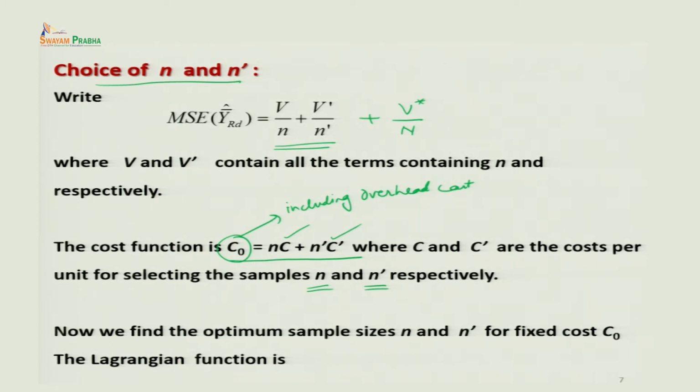Right. Now, we have a condition that the cost is given to us and fixed, and we have to find the optimum sample sizes n and n prime for the fixed cost. For this we can use the Lagrangian function method that we have used earlier, if you remember.